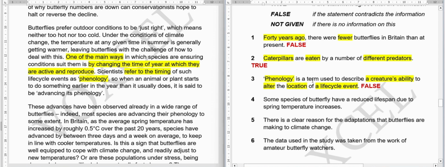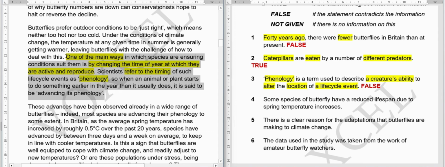So here they are saying location of life cycle event, meaning if the life cycle is happening in A place, now the life cycle is happening in B place. So this is the meaning of location of life cycle event. But here what they are saying is that they are not changing the location, but they are changing the time period of the life cycle event.